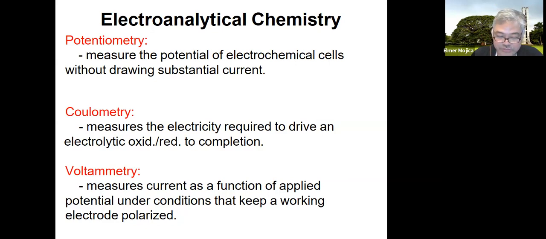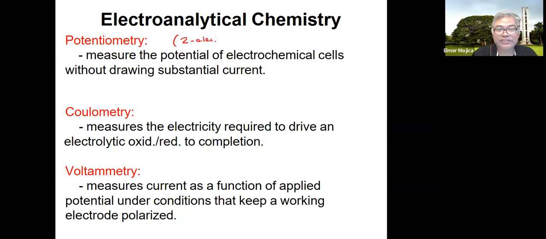So if you have potentiometry, it measures the potential of the electrochemical cells without drawing substantial current. It's a measurement of the potential difference between an indicator electrode and a reference electrode. So usually in potentiometry, you only have what?